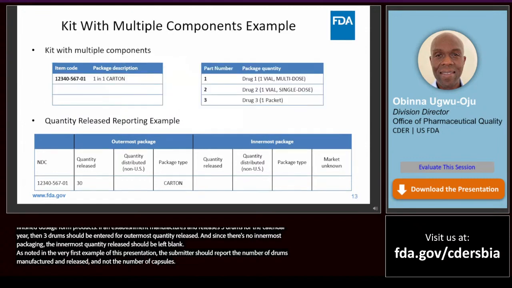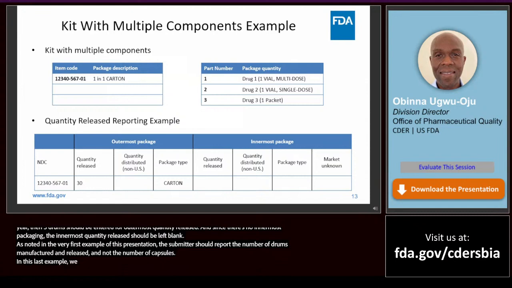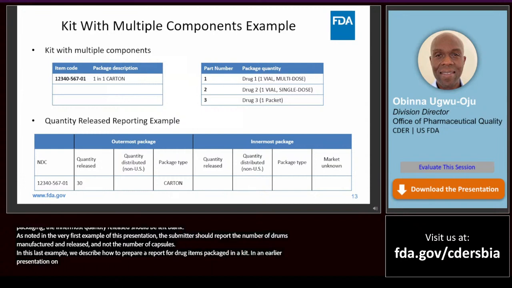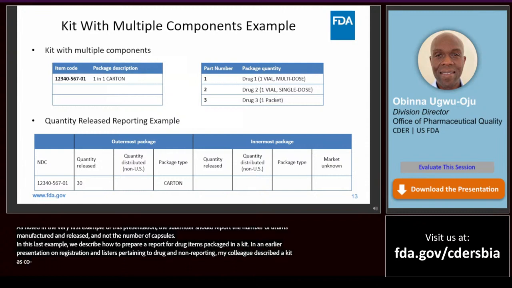In this last example, we describe how to prepare a report for drug items packaged in a kit. In an earlier presentation on registration and listings pertaining to drug amount reporting, my colleague described a kit as co-packaged drug products that include at least one drug item and must have its own NDC.